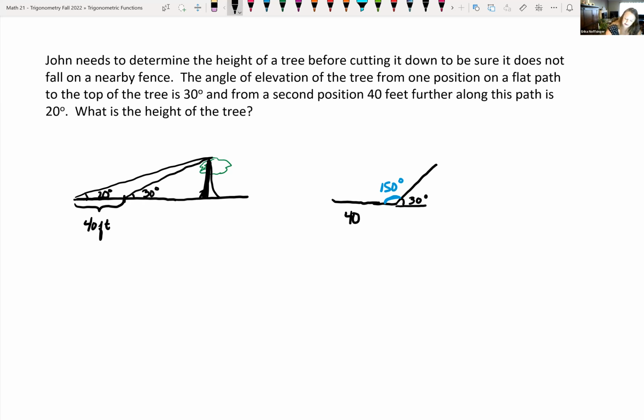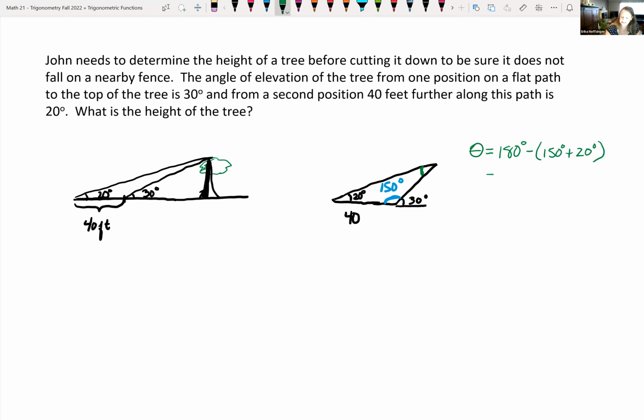We know that this angle over here is 20 degrees. So we could find the angle at the top right here, let's call it theta, by knowing that theta is equal to 180 degrees minus the 150 plus 20 degrees.